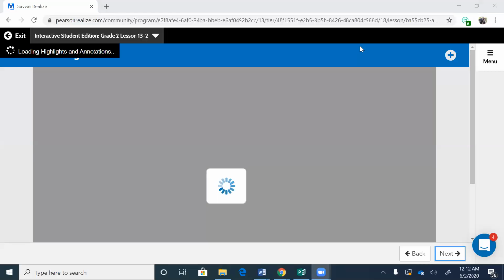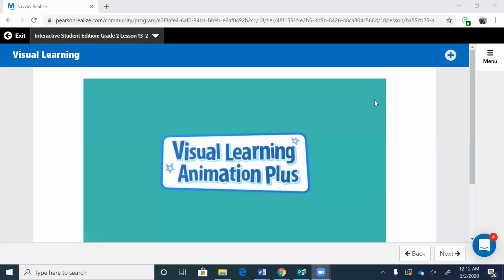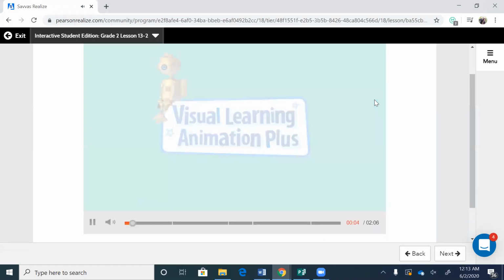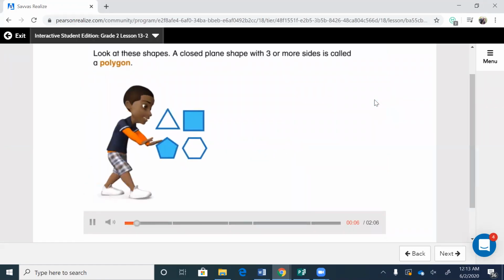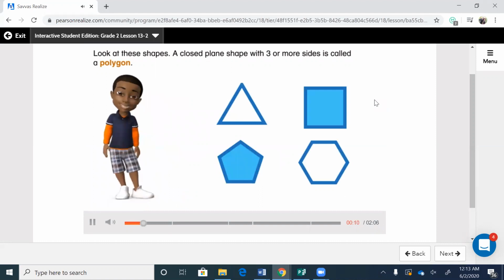All right, let's do our visual learning. Look at these shapes. A closed plane shape with 3 or more sides is called a polygon.